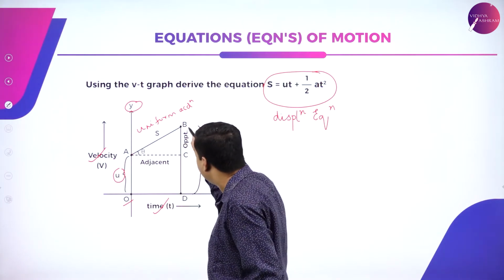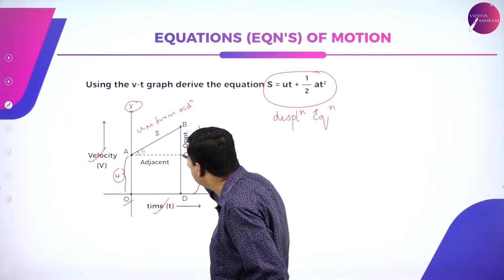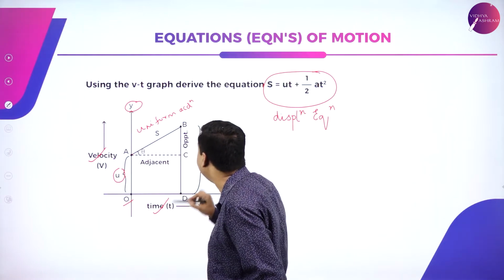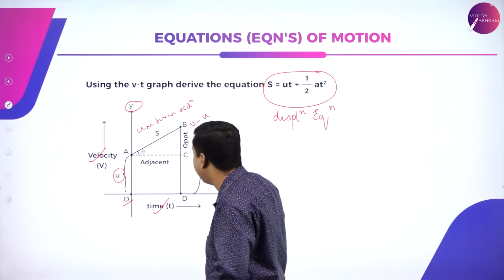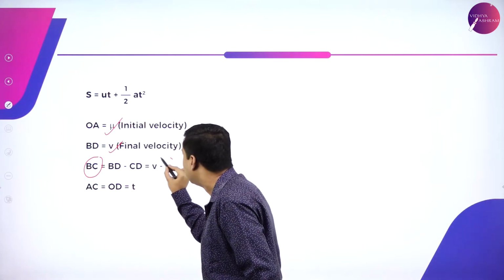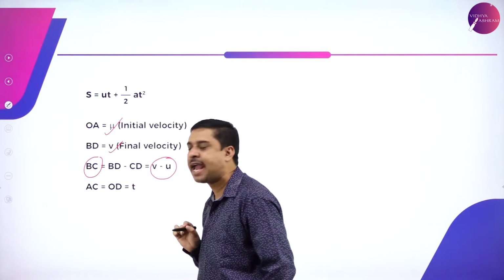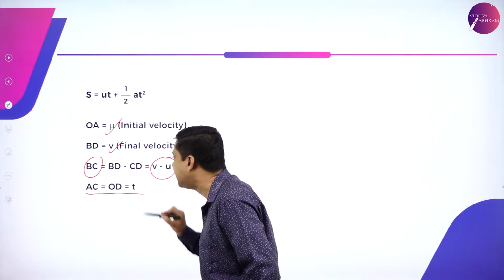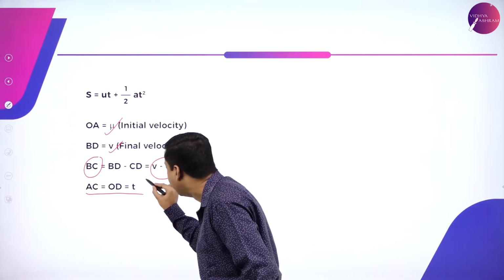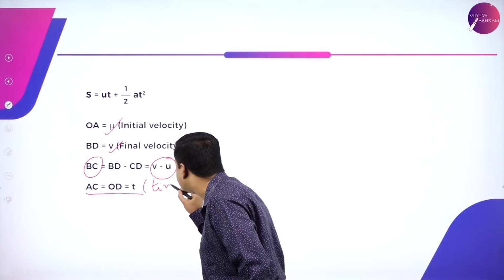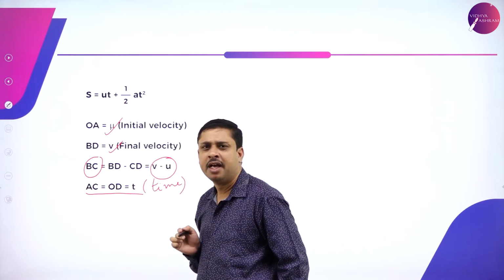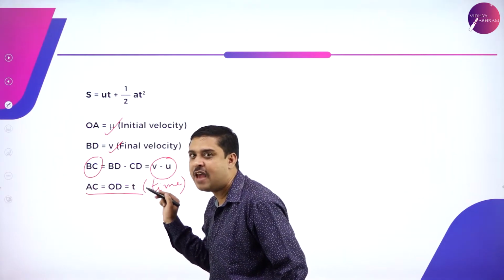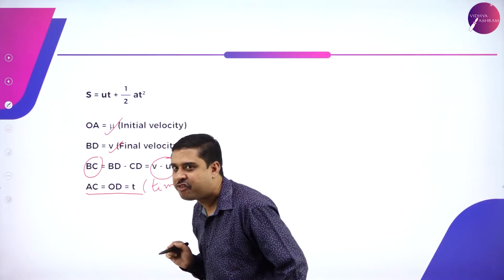Coming next, from the diagram, this BC is nothing but BD minus CD, which is V minus U. And AC equals OD equals T, which is the time. So these are the initial considerations made. This is the web I am spinning to catch my fish.